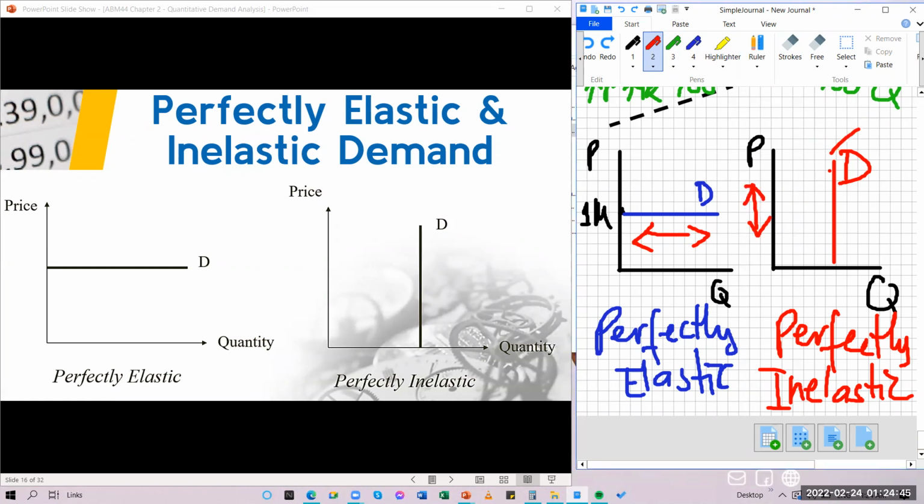Examples of perfectly inelastic goods or services: for goods, probably medicine, for example, medicine for cancer.